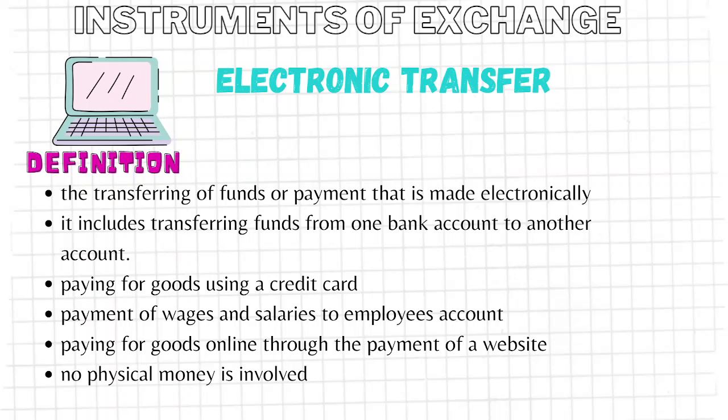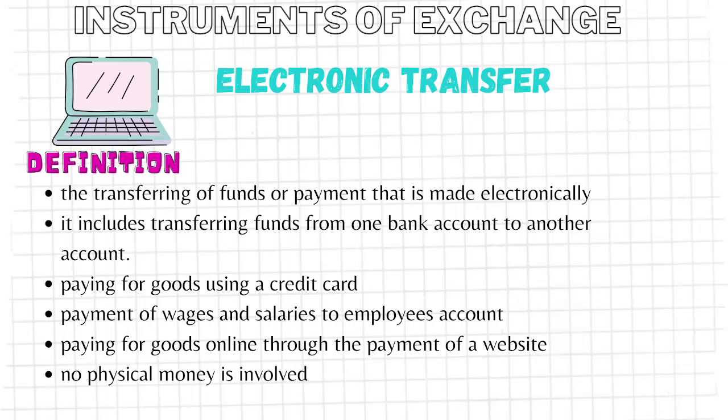So it also includes paying for goods using a credit card, and the payment of wages and salaries to employees' accounts. Some businesses use this to pay their employees. Instead of them having to go to the bank and take off money, or giving them the money physically, they would just send the money from the business's account to their personal accounts.